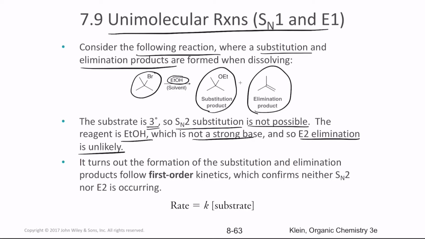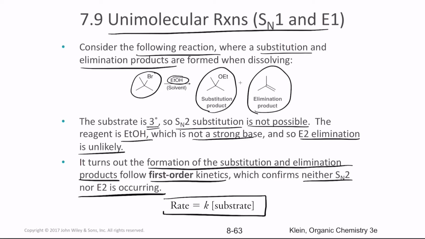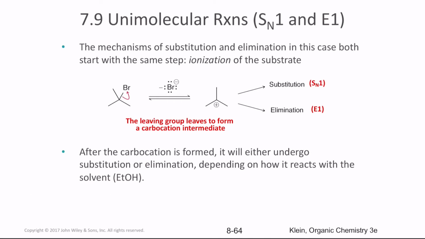You cannot have SN2, you cannot have E2. It turns out that the formation of substitution and elimination products follows first order kinetics, which confirms neither SN2 nor E2. These reactions where only one species is required to determine the rate of reaction are called unimolecular reactions. So what happens in this mechanism?